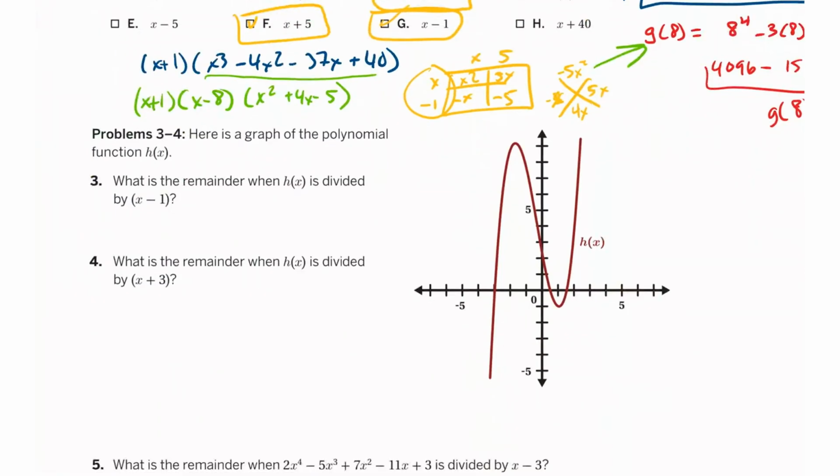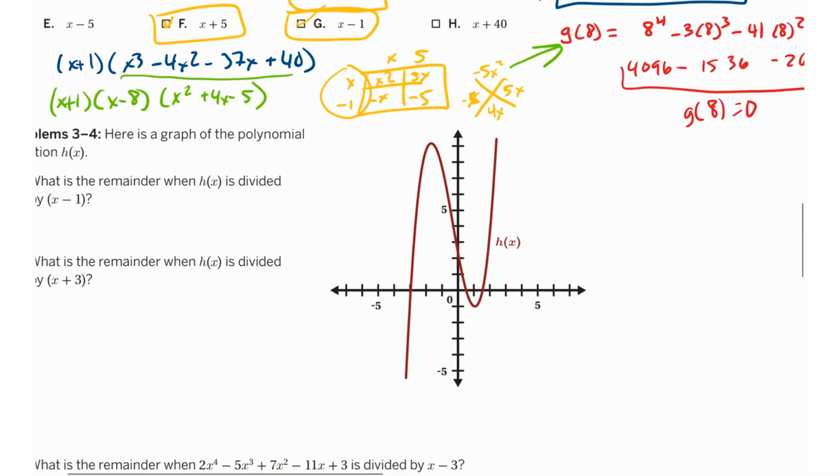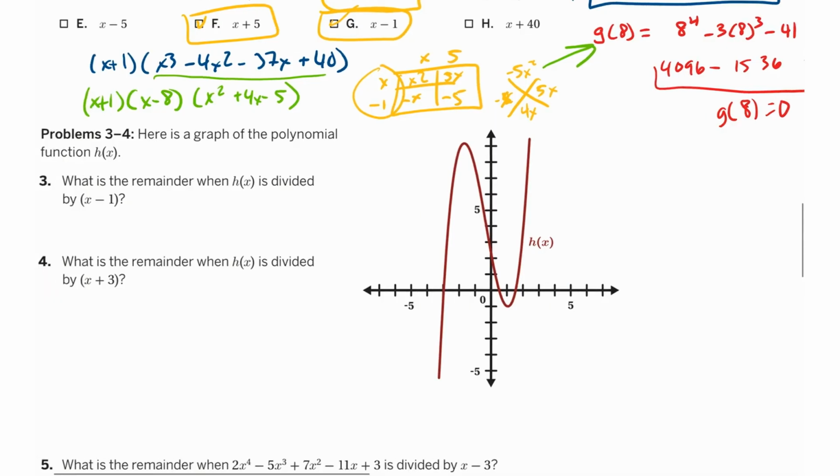Problems 3 and 4. Here's a graph of the polynomial function h of x. What is the remainder when h of x is divided by x minus 1? Well, that's like if we plugged in x equals positive 1 into the equation. If we plug in positive 1 here, we get an output of negative 1.